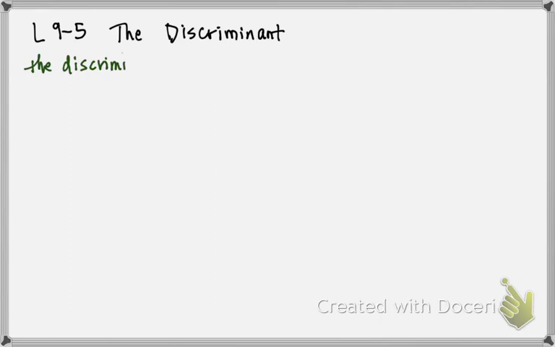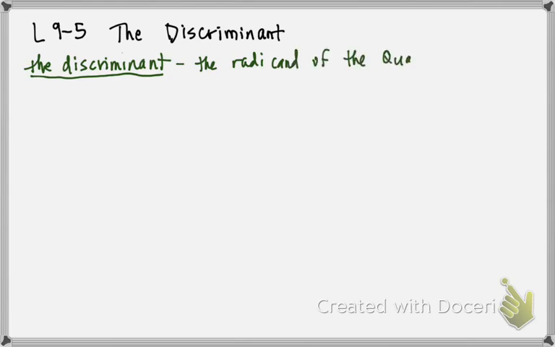Discriminant is going to be the radicand of the quadratic formula, so that's that, b squared minus 4ac component.